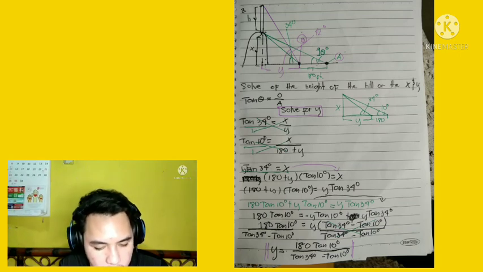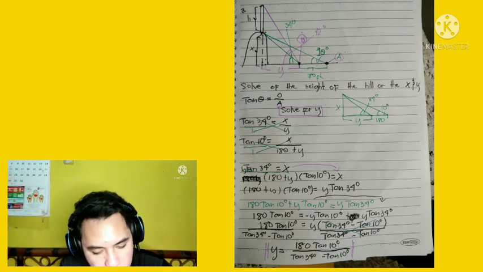So we have here tangent 34 degrees equals x over y, and our tangent 10 degrees is equal to x over 180 plus y, because the adjacent for the 10 degrees is the 180 and our y.